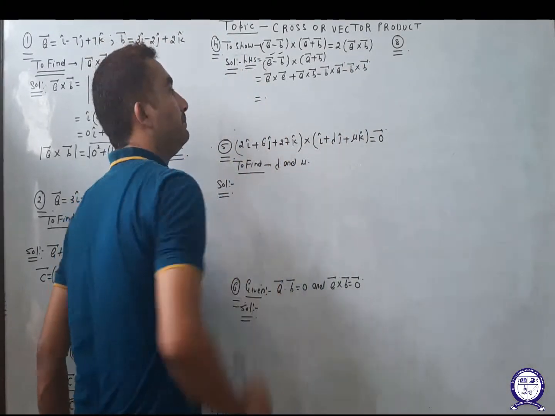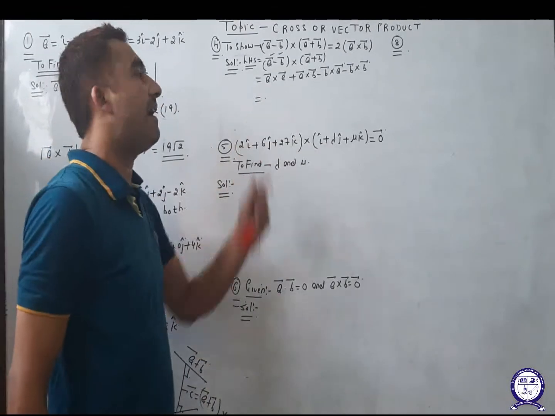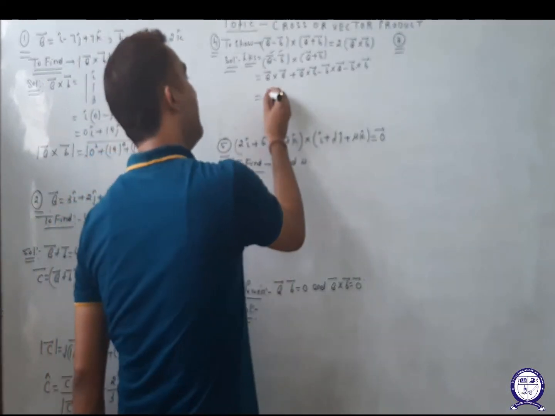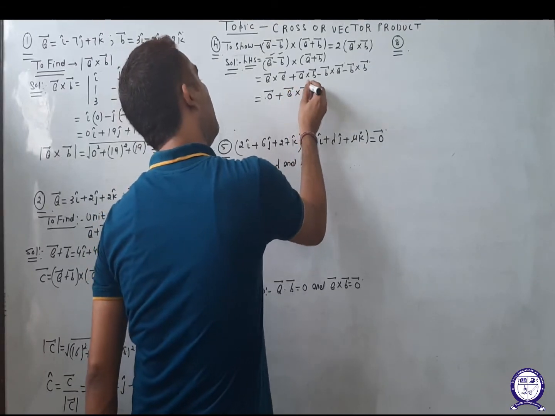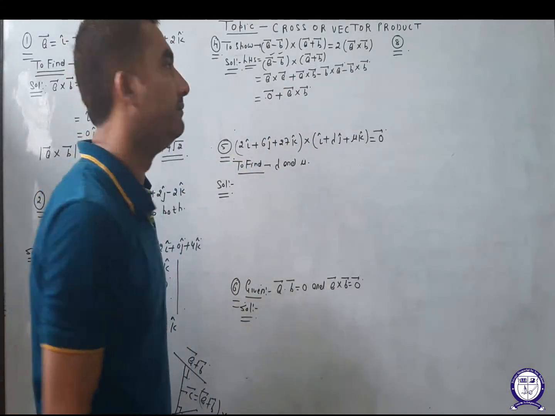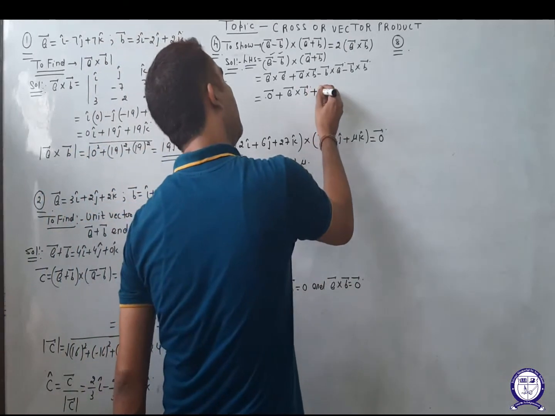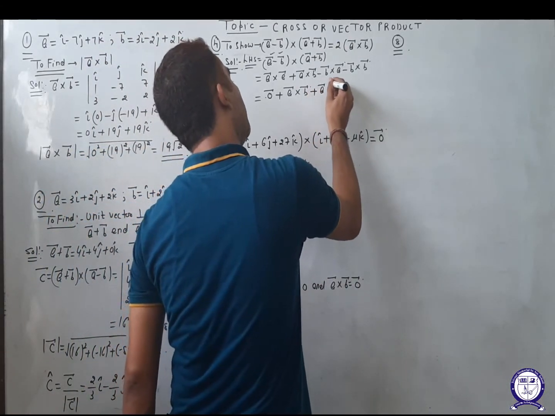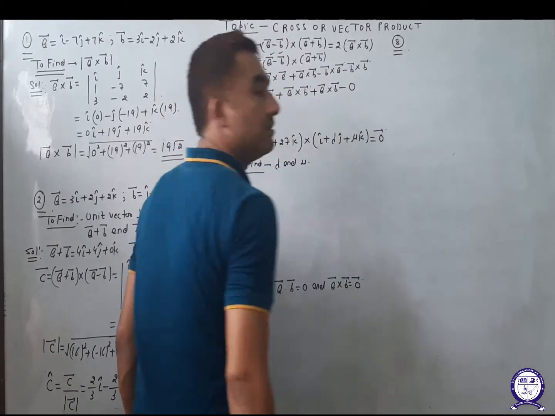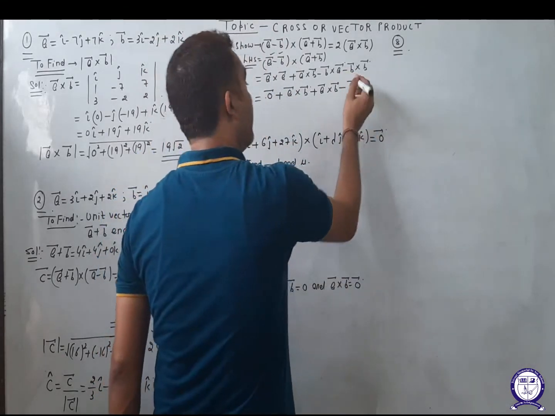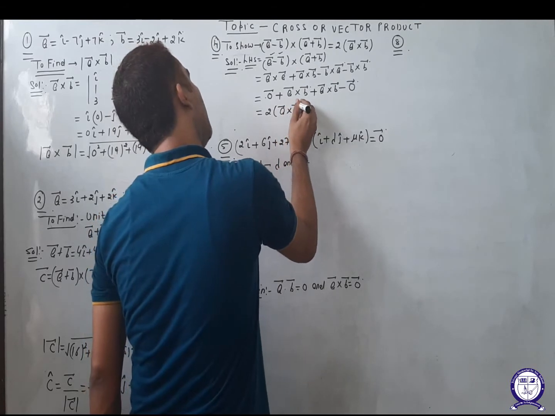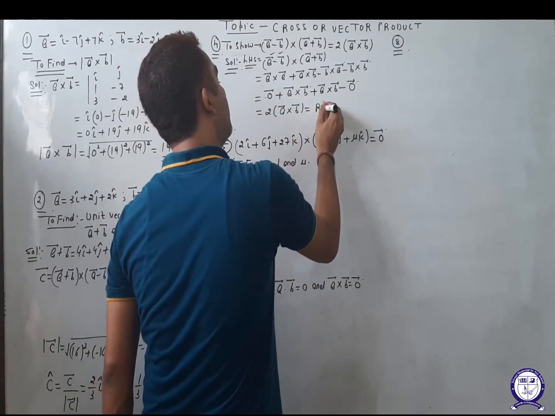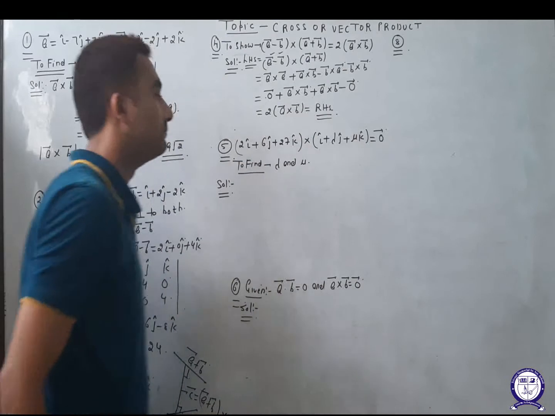As you know, cross of same vectors is 0. That's why it is 0 vector plus, cross is not commutative. That's why I am changing it. Minus will be there and minus becomes plus. Cross will be 0 vector, and at last we got the answer, which is our RHS.